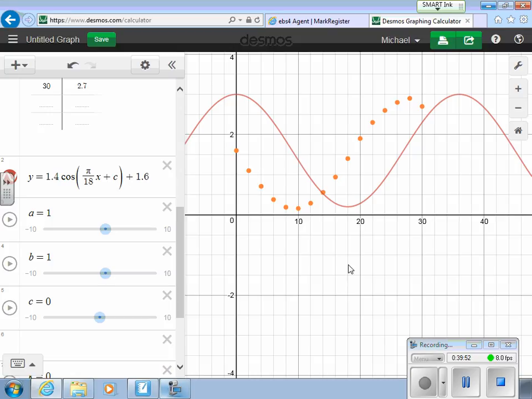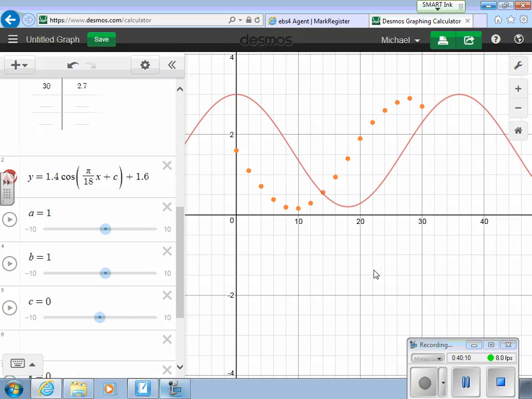Right, we're getting somewhere now. We're quite close fitting this function to this data. It's looking like that might be a little tad high at the moment, but we can always adjust that if and when we can get it in line.